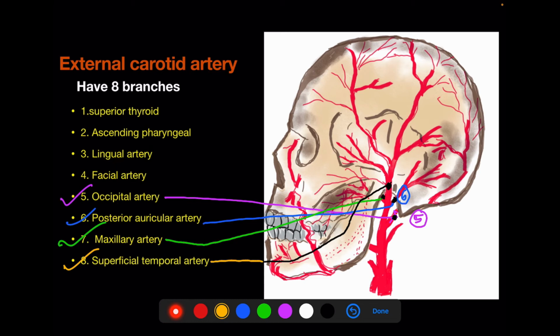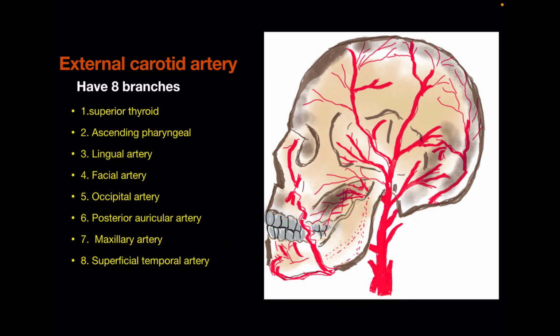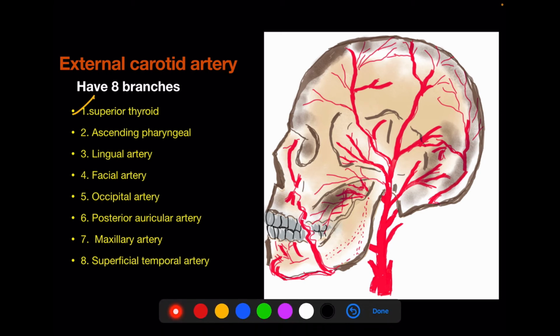So how can you remember all these 8 branches of the external carotid artery? You can find many mnemonics on Google or on the internet. So again, just to revise, I will discuss every branch of the external carotid artery in one slide. First, superior thyroid, that is here. I'm using short forms, please cooperate with me.